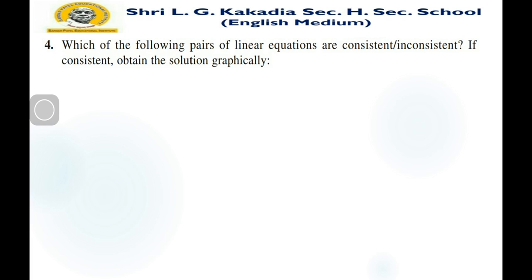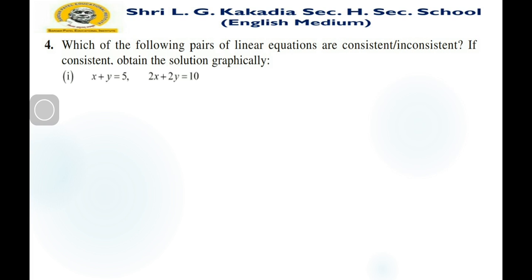So first we prove whether the given equation is consistent or inconsistent. So first we take the example x plus y is equal to 5 and 2x plus 2y is equal to 10.